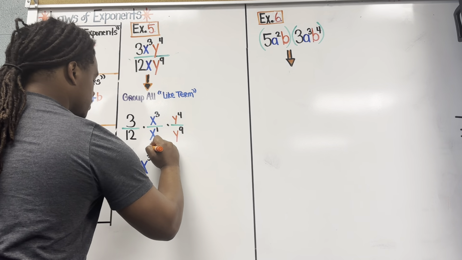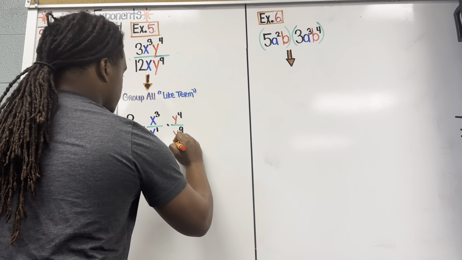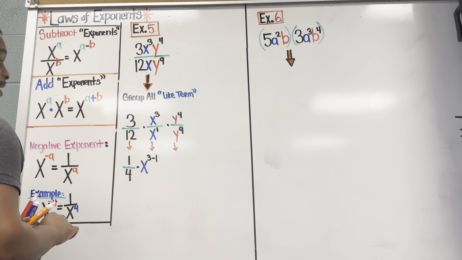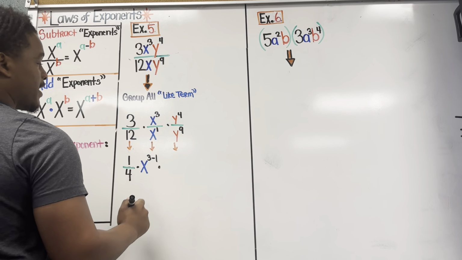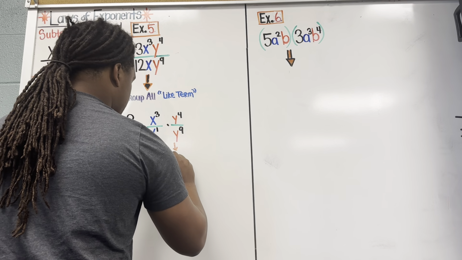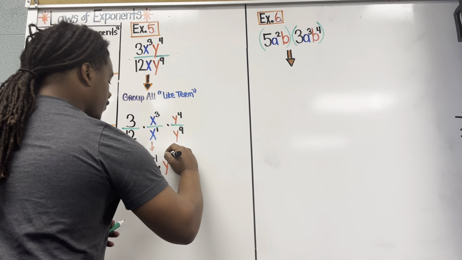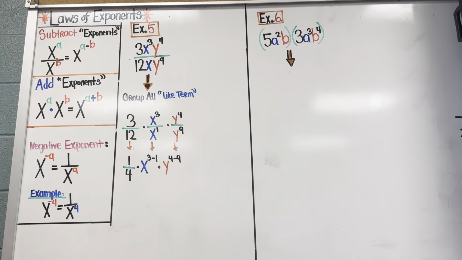So we can clearly see this is that, that's that. And then the last, guys, we have times y to the 4th power divided by y to the 9th power. That actually equals y to the 4th minus the 9th power, okay? So now, ladies and gentlemen, we're just going to simplify everything and then start putting everything together.